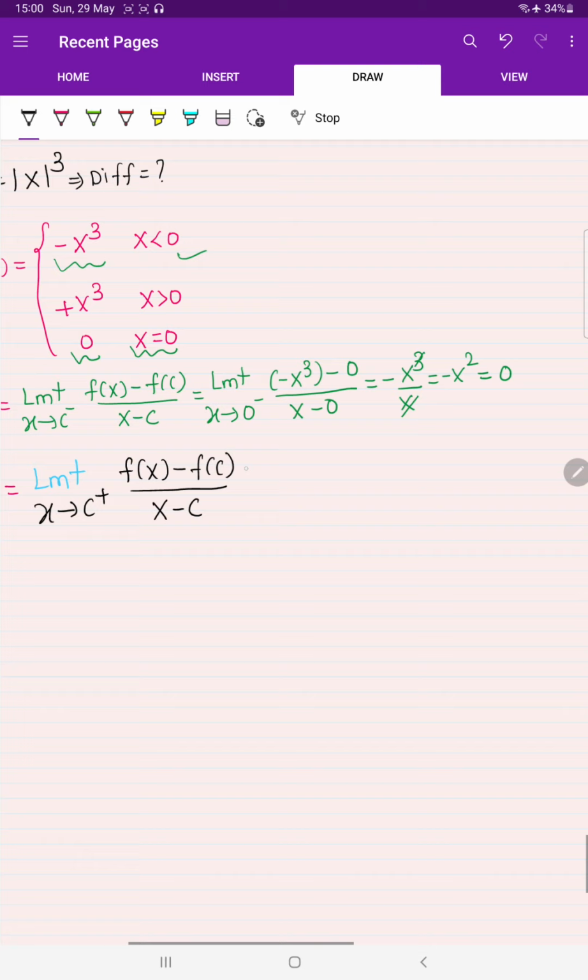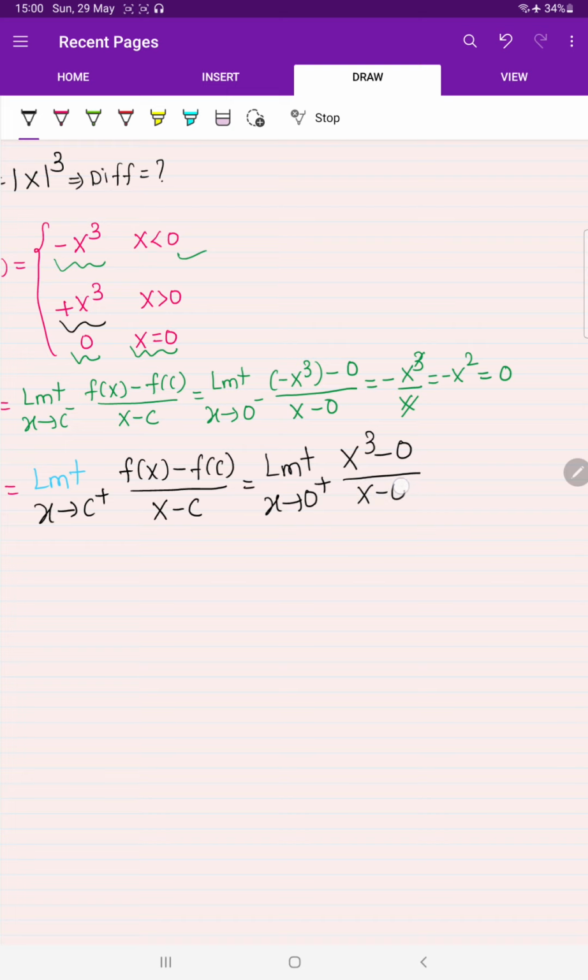Okay, sir, fine. Now, in the next step, I can say limit x approaching 0 only, but from the right hand side. In the numerator, f of x is what this time? It will be plus x power 3 because it is the right side derivative, x power 3 minus f of c which is 0, upon x minus 0.